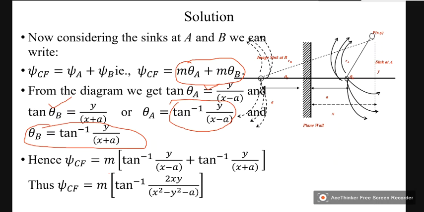So psi of combined flow is m times tan inverse of y by x minus a plus tan inverse of y by x plus a.